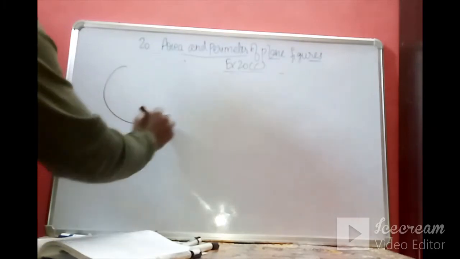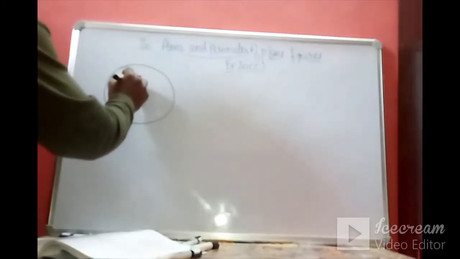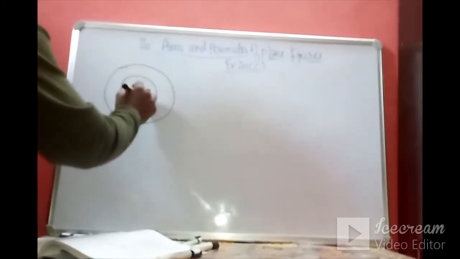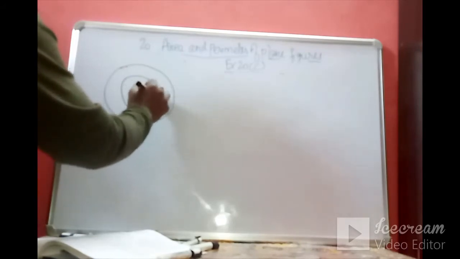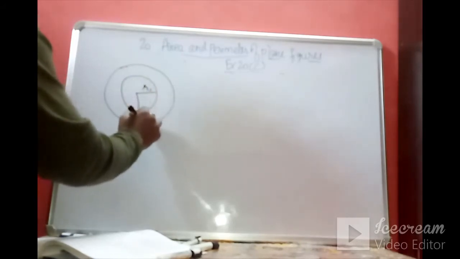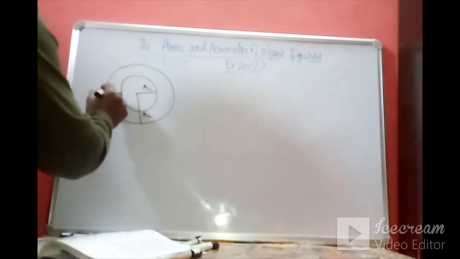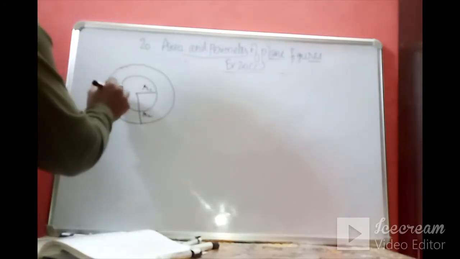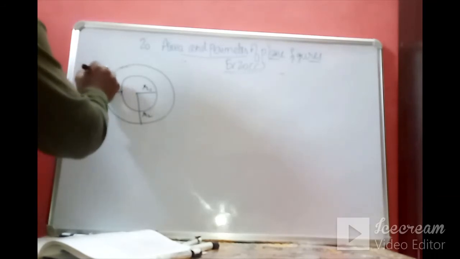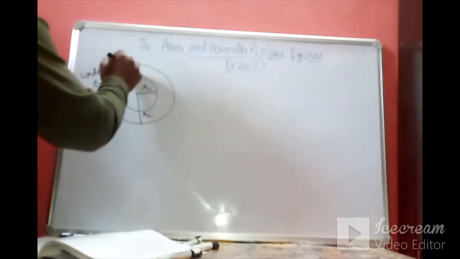So suppose this is a circle, and if I draw one more circle having the same center, and this is R1, and let this radius be R2. So what is this known as? Width of track.